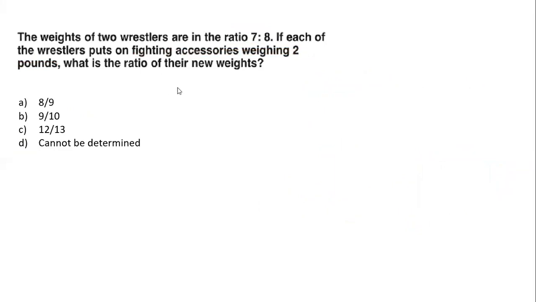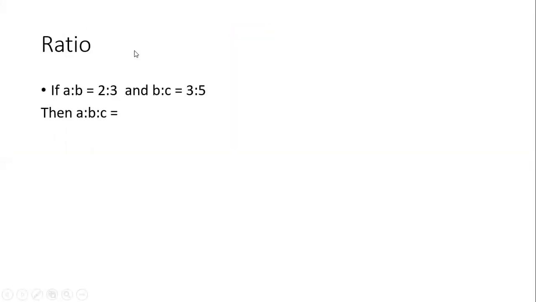Now moving forward, in ratios, sometimes we have a question like this. They are saying that the ratio of A is to B is 2:3 and the ratio of B is to C is 3:5. Then they want me to compare the ratios of all three together.